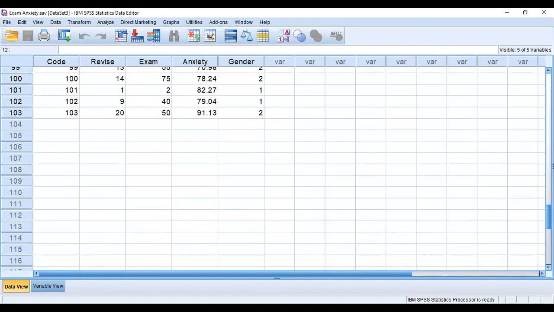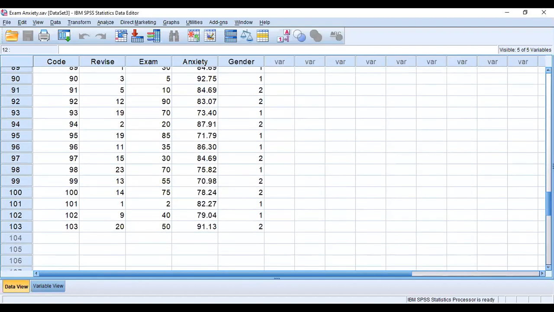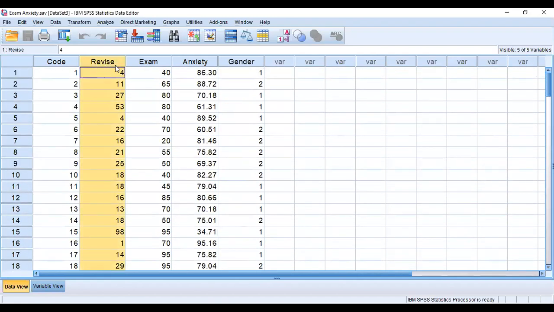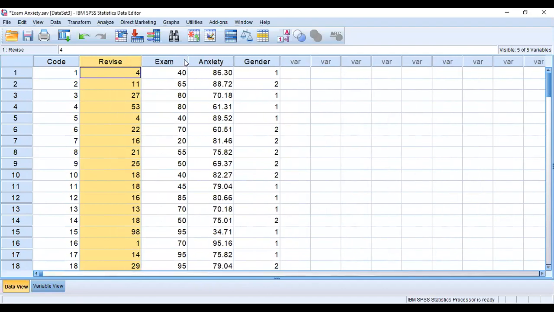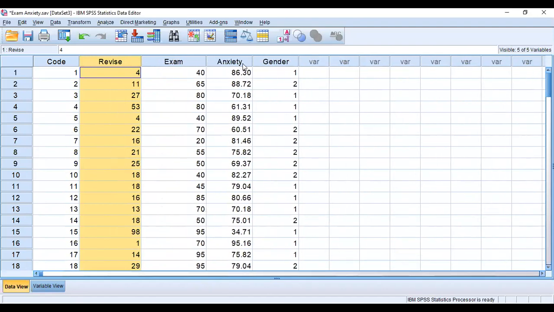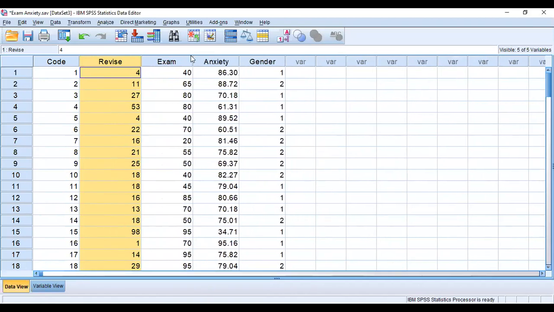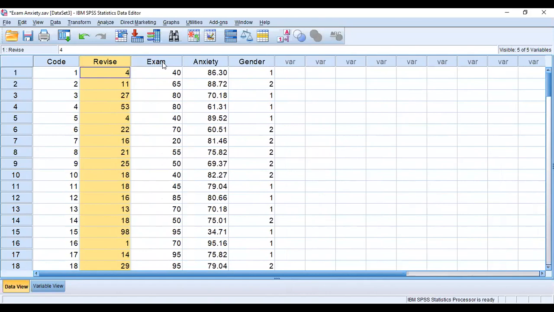It means we collected data from about 100 students, and there are three variables: revision time, exam performance, and exam anxiety. And gender means male and female. We collected data from 103 participants, both male and female.